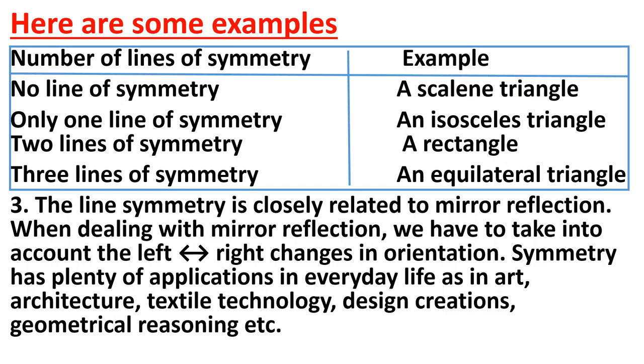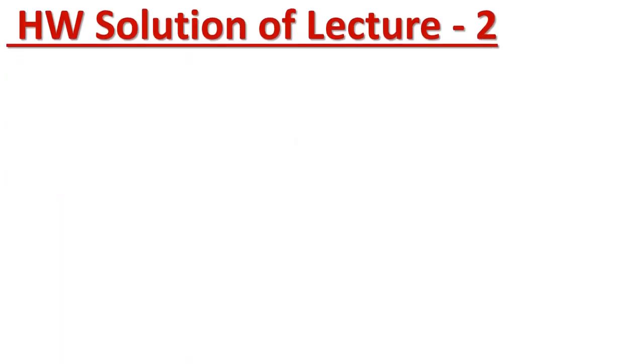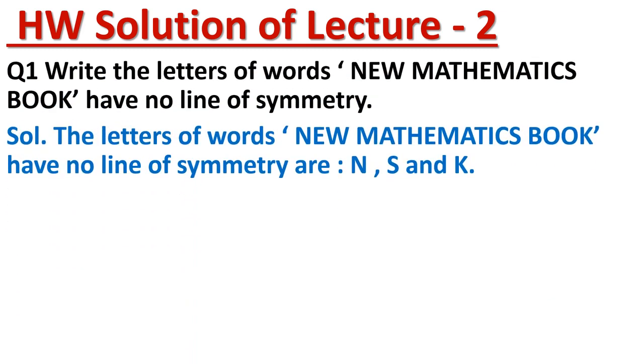Now it's time for the homework solution of lecture 2. In lecture 2, I have not given you book exercises. I have given you some extra questions. Have you done them? So let's check them. First question was, write the letters of the words "new mathematic books" which have no line of symmetry.